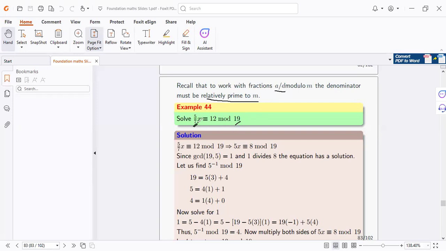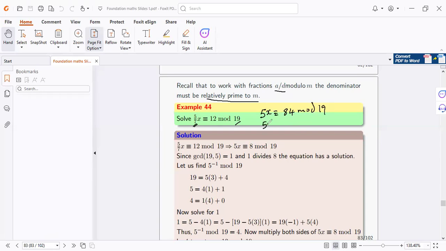Now, so what I did here, just as we do it in other mathematics, which is not congruence, we would multiply by 7 on both sides. So when you do that, on the left side, you are left with 5x, and on the right side, you have 84 mod 19. Then you reduce this 84 mod 19.